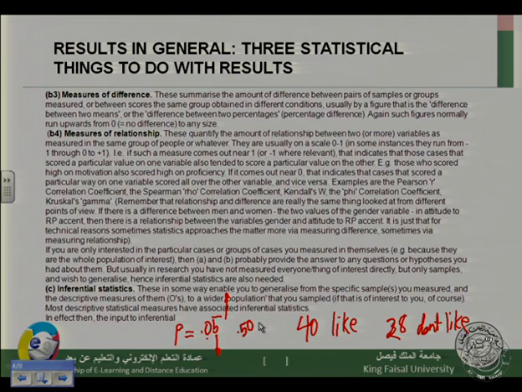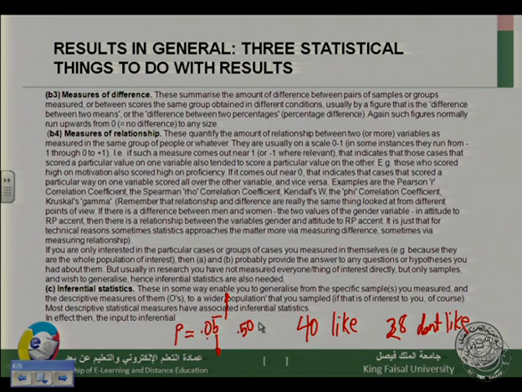And you want to convince us that there is a difference. We, as readers, experts or researchers, want to see your p-value. If it is 0.05, we will say, yes, we agree with you. There is a difference between the two classes, between the students that you used computers with and the students without computers.